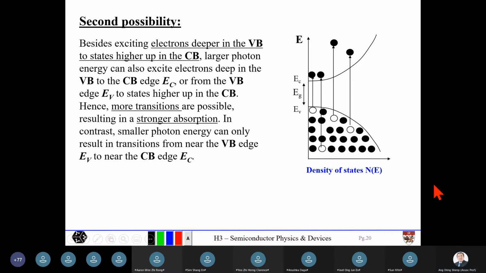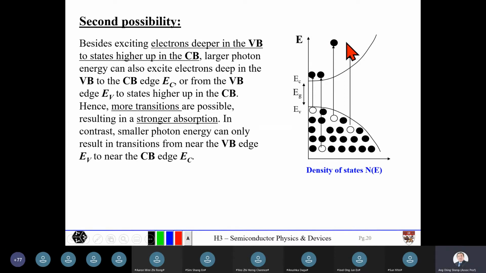Now, at the same time, since energetic photons can promote electrons deeper into the conduction band, and there are so many energy states available to accommodate these electrons, absorption becomes possible. Remember, for an electron transiting from a lower energy level to a higher energy level, there must be available energy states at the higher energy level to accommodate it.